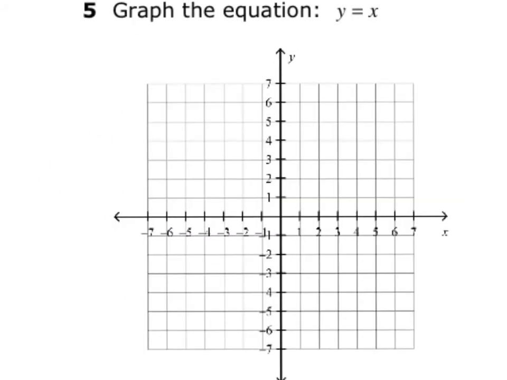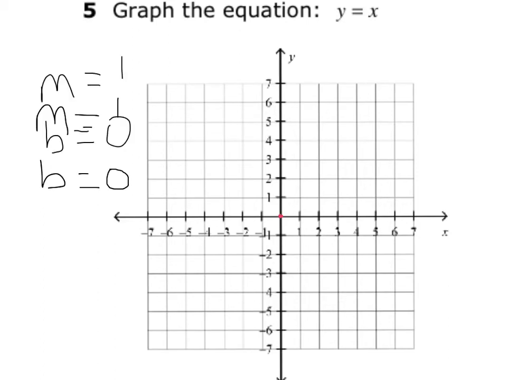Number 5, graph the equation y equals x. Identify the m and the b. Okay. M is 1 because we have 1x, and b is 0 because it's plus nothing at the end. So that means our y-intercept is going to be at the origin, and we're going to go up 1 over 1 for the slope, up 1 over 1, and that pattern is going to continue till I run out of space on my graph.